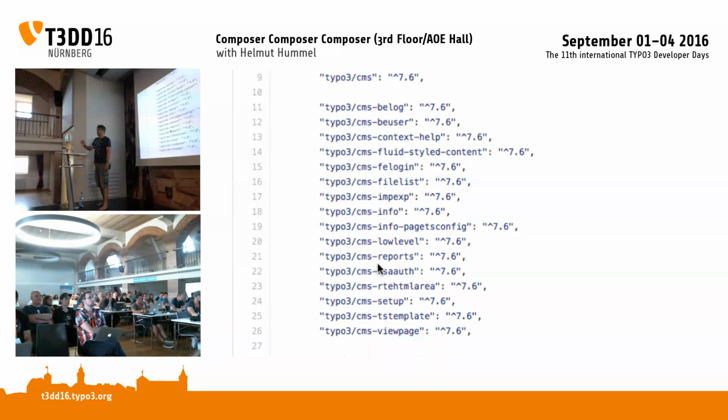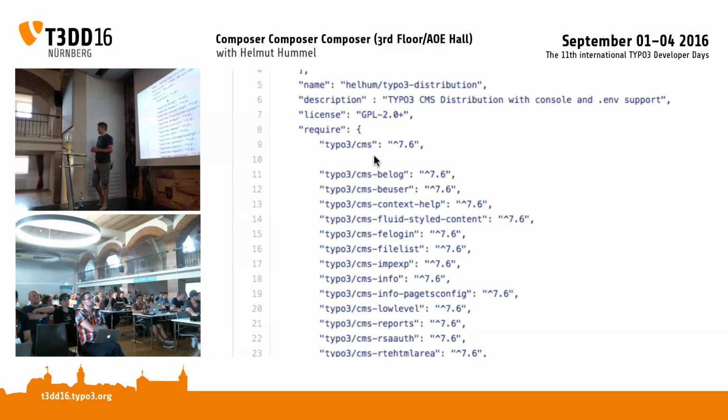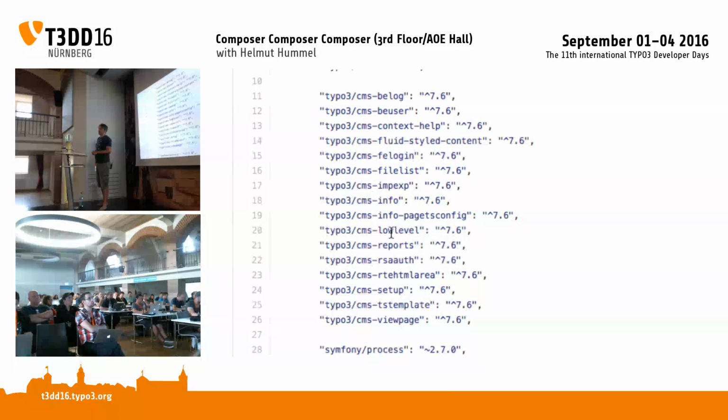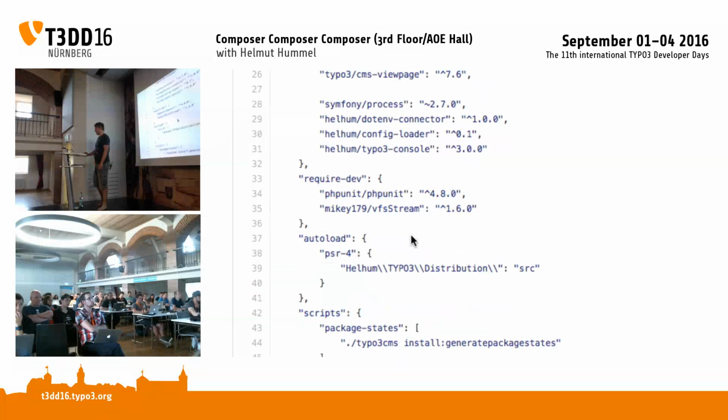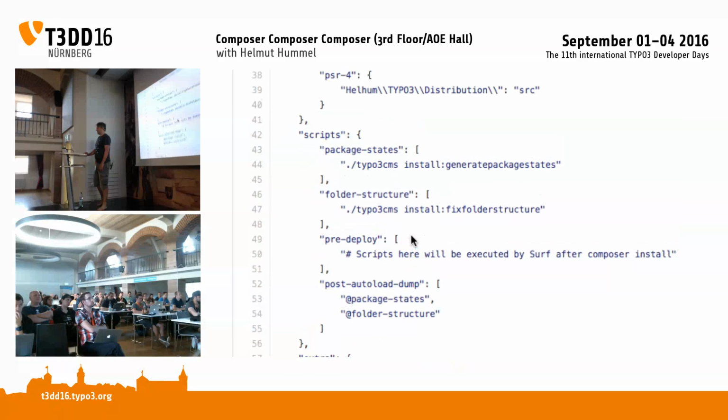And this is future-proof, because in the future, as I said, we are going to change TYPO3 CMS and split it up so that it's possible to include individual system extensions. Then I just remove this line, and this project will still work, because these individual packages are available. And like I said before, I also have a script section.